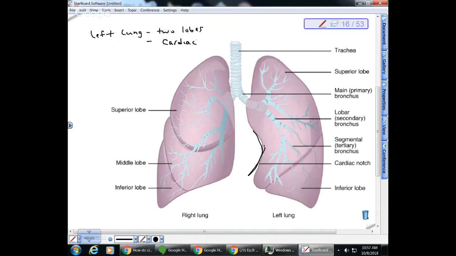So it is slightly smaller in its surface area. And then your right lung has 3 lobes. The diaphragm actually kind of sits right here. When it's relaxed, it's kind of a dome shape, so hence kind of why they're shaped this way on the bottom.